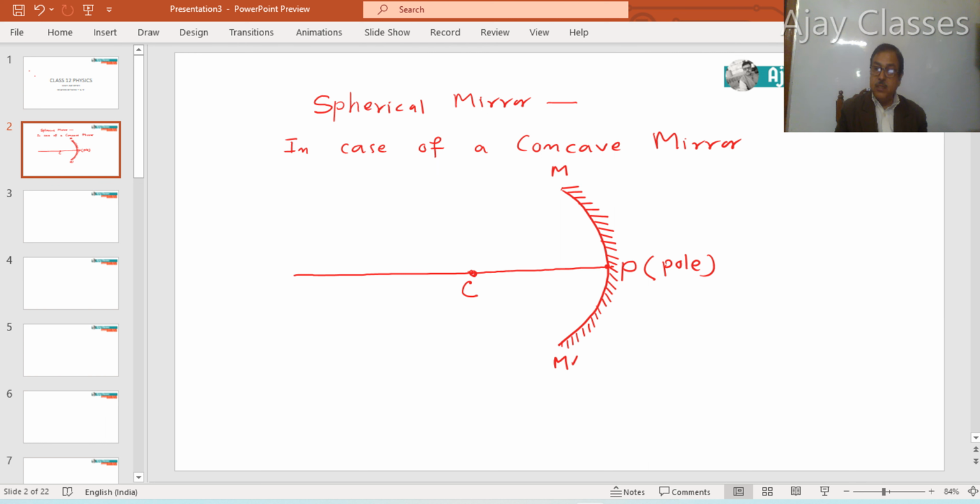The center of curvature is defined as the center of the spherical mirror of which the given mirror is a part.